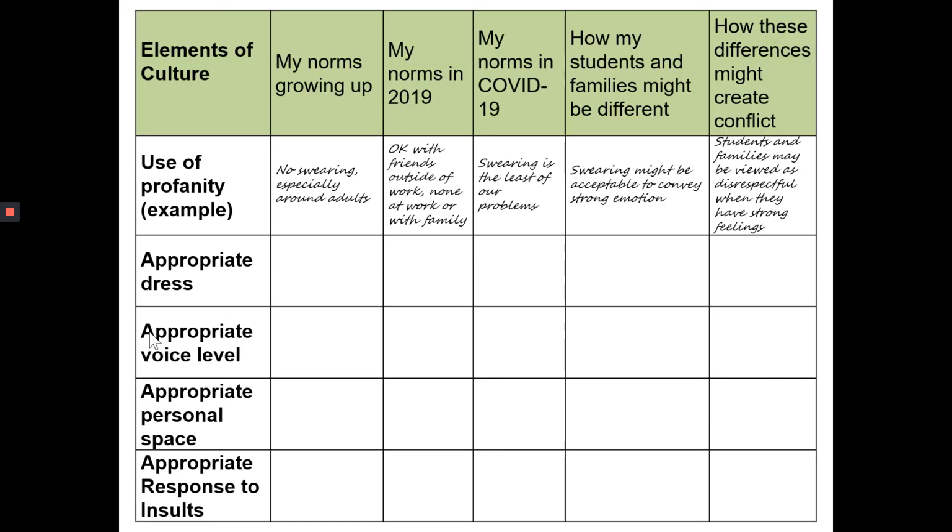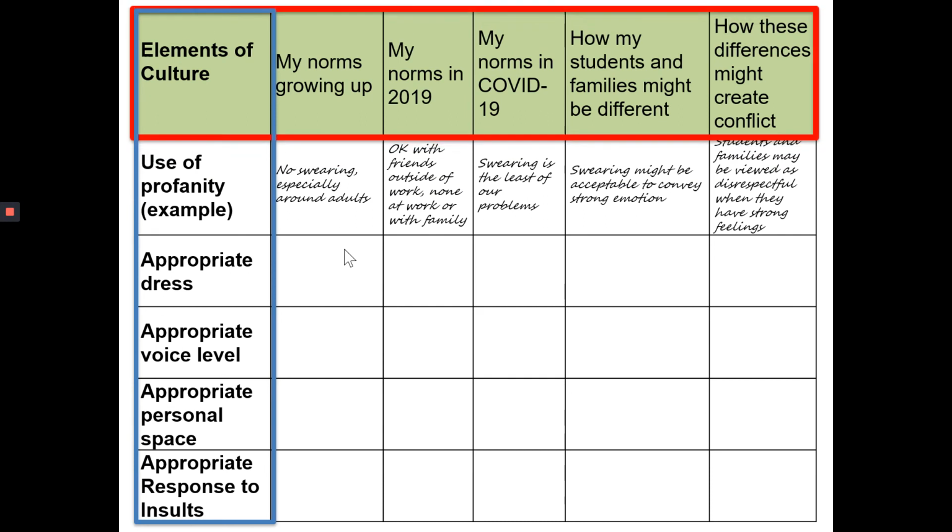The example I wanted to share with you is with the advent of COVID-19. Here is an example of a COVID-19 elements of culture activity. So you can see that the elements of culture are the same as the first example, with the exception of the box on the bottom, which I'll talk about in just a second, which is right here, appropriate response to insults. But if you look at the top here in red, you can see that it's been modified.